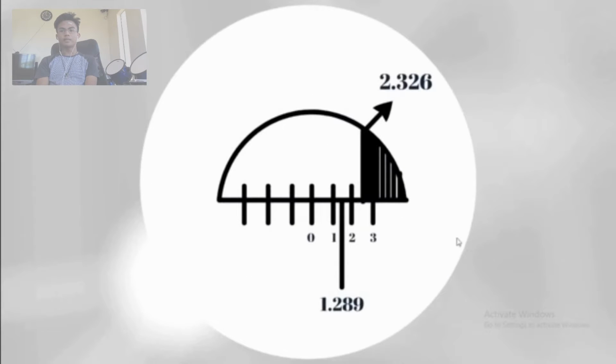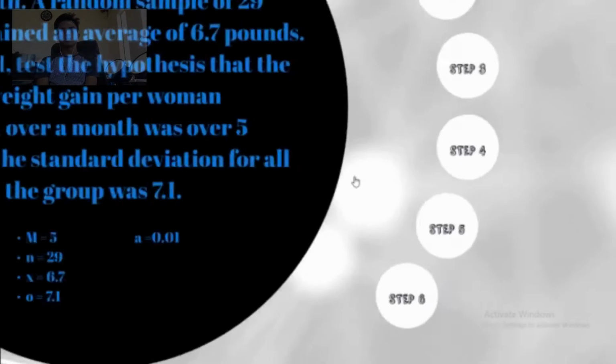And step 5 is deciding where it should be plotted. According to step 3, the critical z value is 2.326, and according to step 4, we have the answer of 1.289. Therefore, we are going to place 1.289 here in the non-rejection zone.